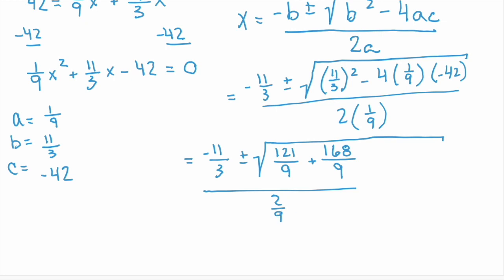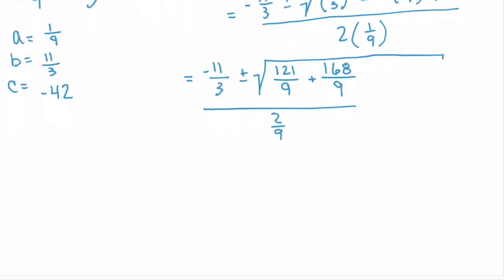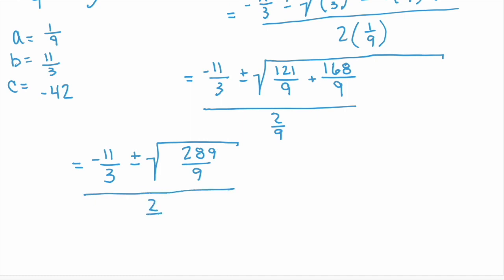Okay? Let's combine everything inside that radical. So we have negative 11/3 plus or minus on the outside. Our denominator is the same with 9, so 121 plus 168 is 289. And this is all over 2/9.